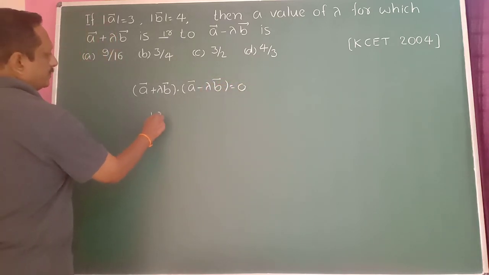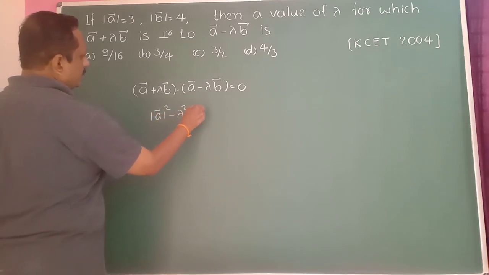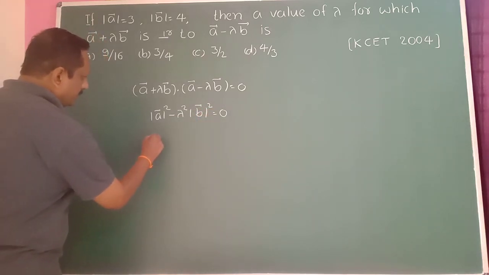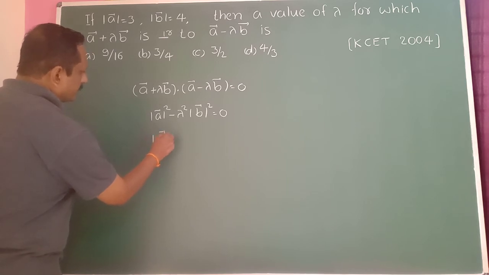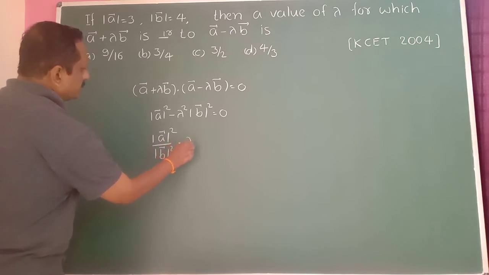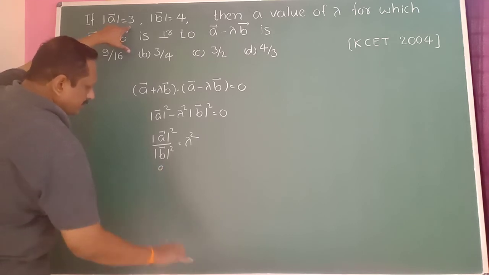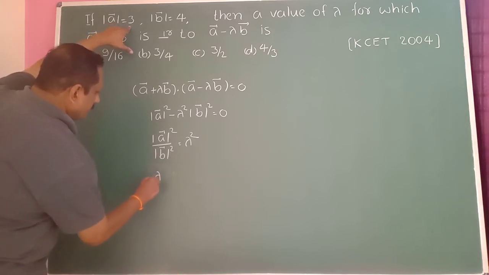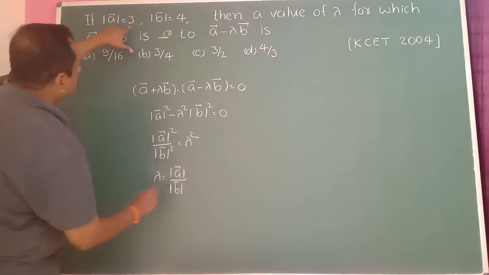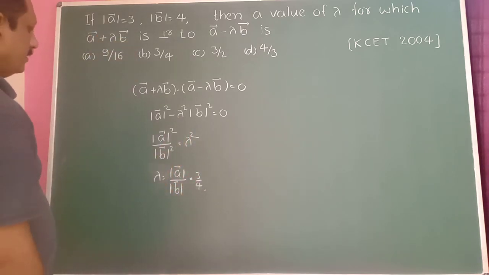So modulus of a bar square minus lambda square into modulus of b bar square equal to 0. Hence modulus of a bar square divided by modulus of b bar square is equal to lambda square. Here modulus of a bar is 3, 3 squared is 9. Otherwise, we can write lambda is equal to modulus of a bar divided by modulus of b bar here. Therefore, the answer is 3 by 4. Okay, so B is the answer here.